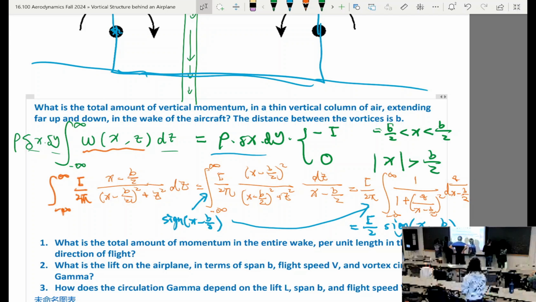And you're integrating x, you still have dy. Momentum is mass times velocity, but we are looking at a unit length in y, multiplied by the span.